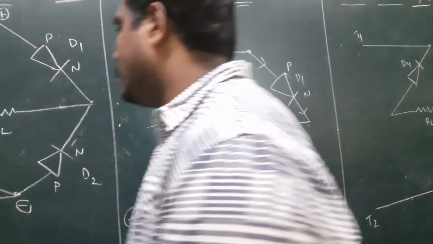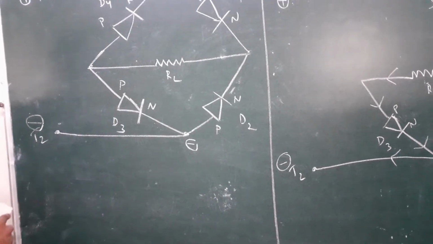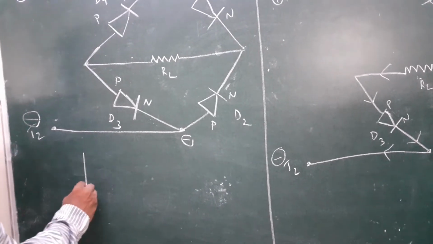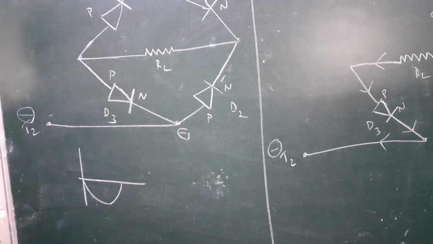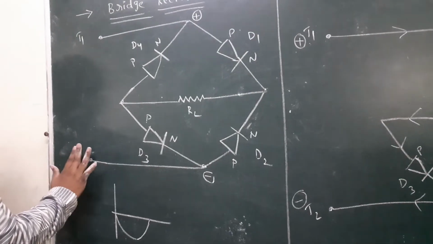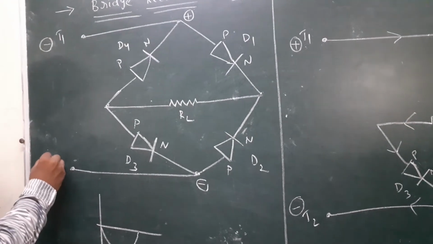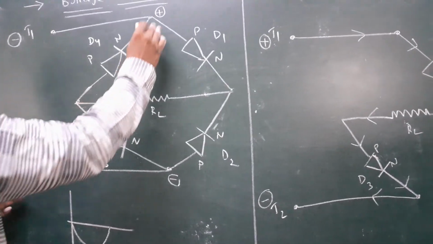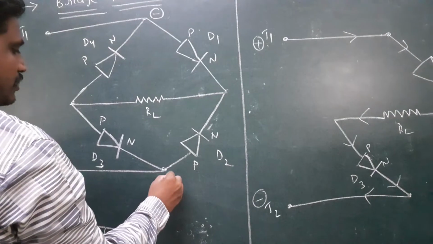Next, I take the negative half cycle. During the negative half cycle, plus becomes minus and minus becomes plus. It will be transferred.